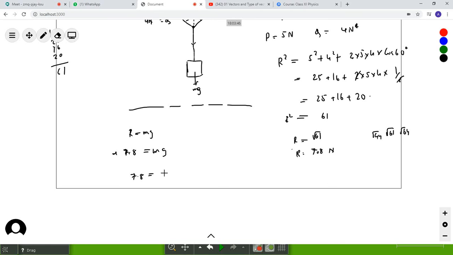So m into 10. That gives me mass is equal to 0.78 kg, which is hard to understand. We can write this as 1 kg is equal to how much gram? 1000 gram. So 0.78 into 1000 gives me how much? 780 gram. So the mass of the object is 780 gram.